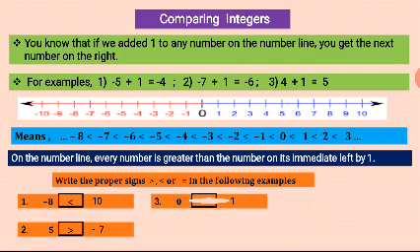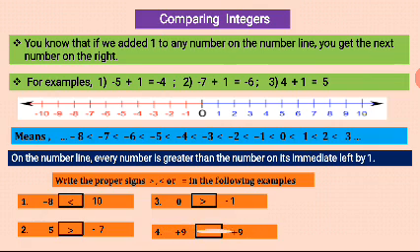Third example, 0 and -1. 0 is to the right of -1, so 0 must be bigger than -1. Fourth example, +9 and +9.